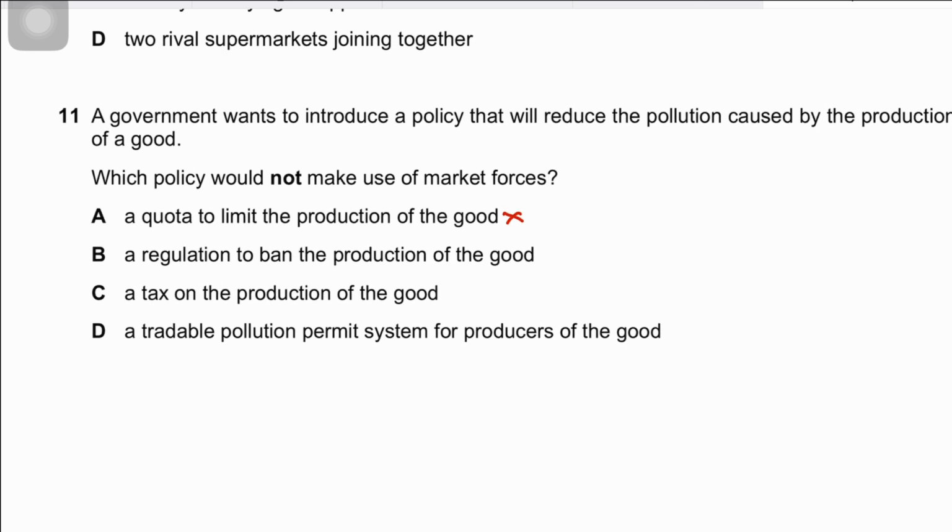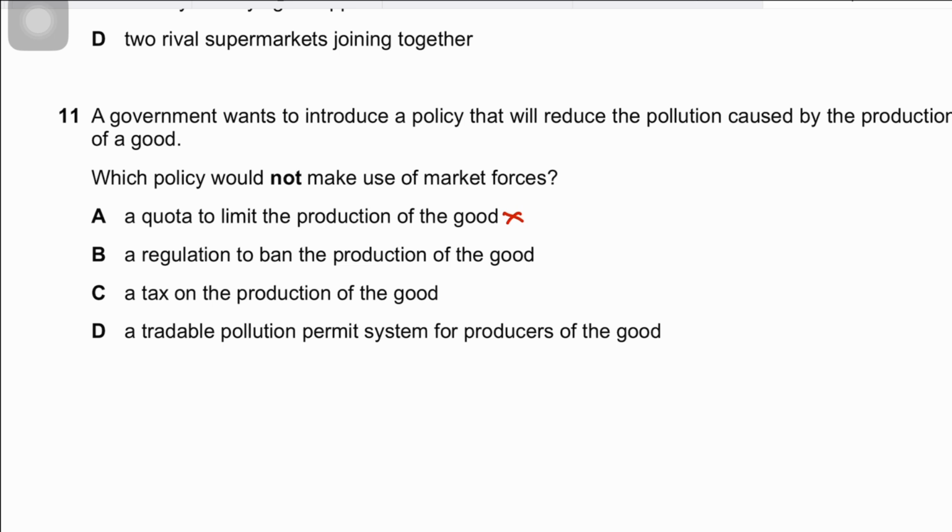While option number C says a tax on the production of a good. A tax, we know, internalizes the external cost, that is because of the pollution, by making it more expensive to produce that particular good. And again, this is using market forces because it is altering the cost structure of the firms by increasing the costs and ultimately incentivizing them to reduce the pollution, to lower their tax burdens.